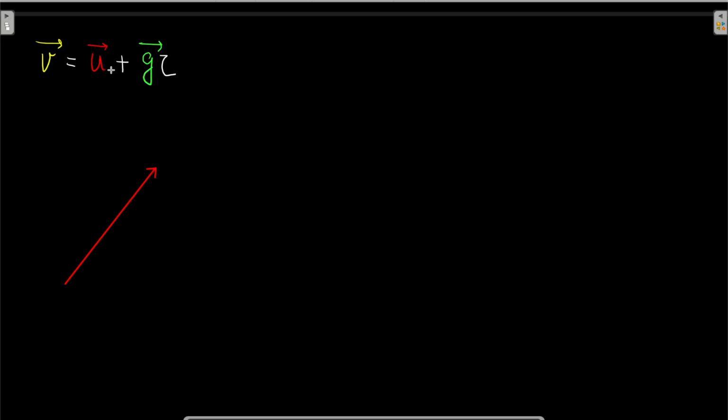Since we want to add these two, I'll start the tail of gravity scaled by tau at the head of u. By gravity, I mean acceleration due to gravity. I'll mark this vector. Now we know by the triangle law of addition that the sum of these two vectors should be this one.